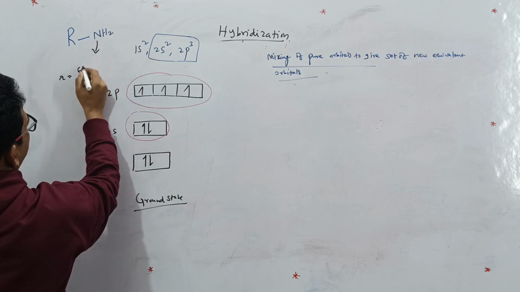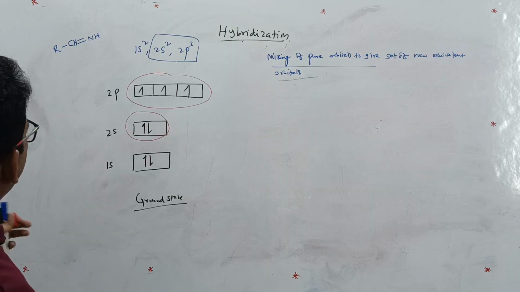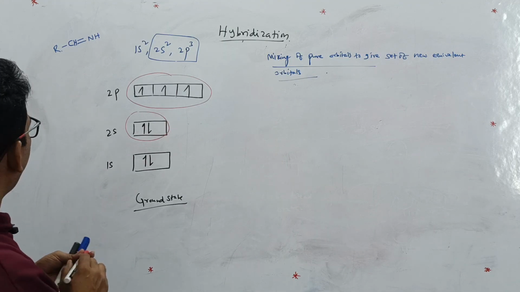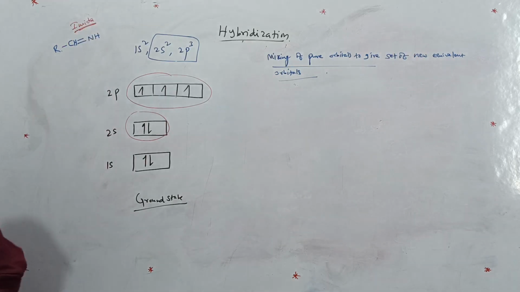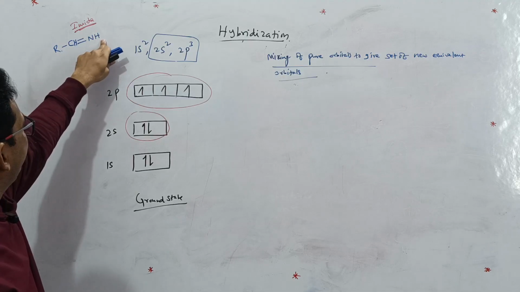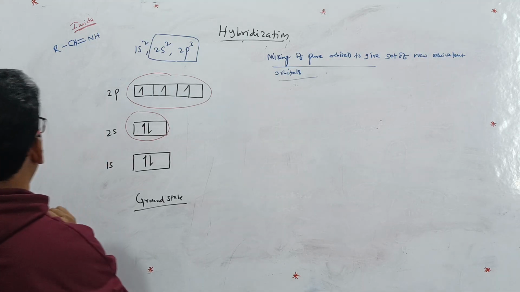How many hydrogens are there? 2. It undergoes sp2 hybridization especially when it is in the form of an amide, that is C double bond NH. Then it will give the sp2. How?